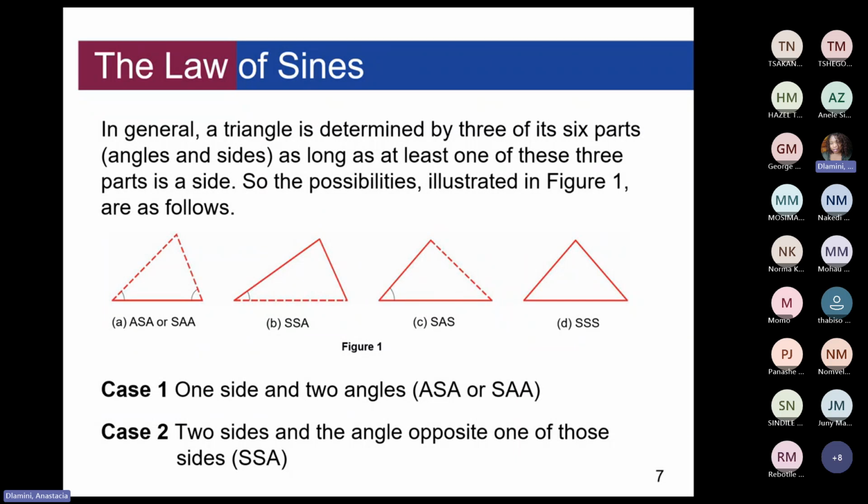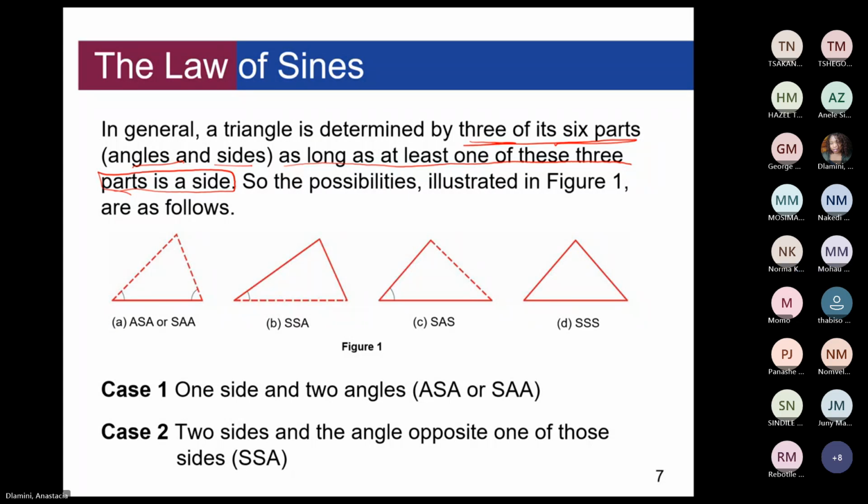So now they say, in general, a triangle is determined by three of its parts, angles and sides, as long as at least one of these three parts is a side. Do you hear that?